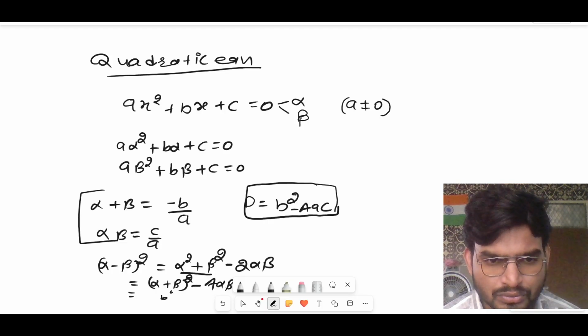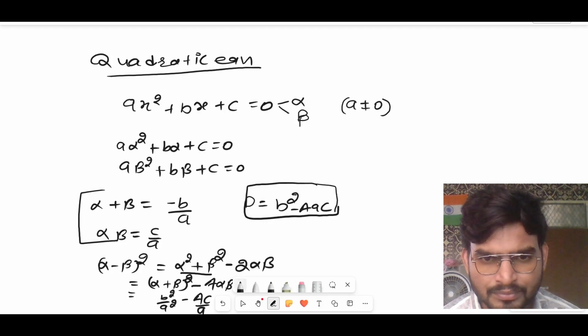So this will be b square upon a square minus 4c upon a.